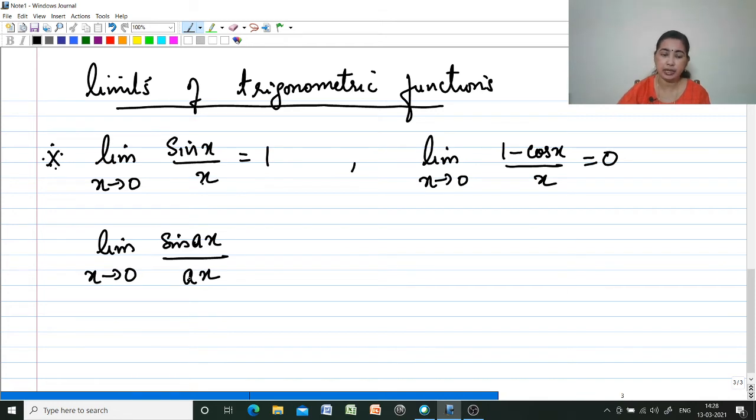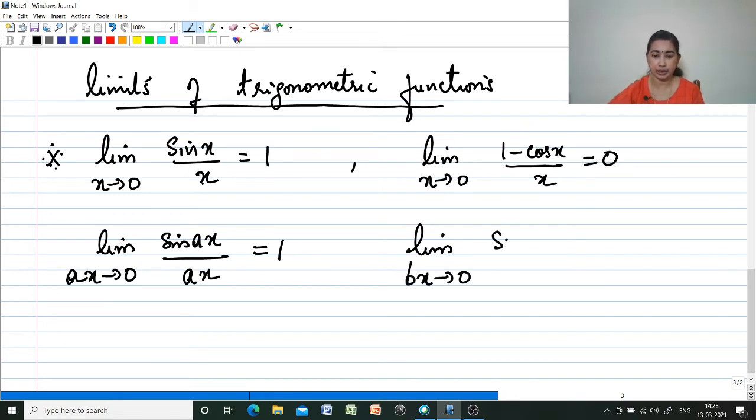If it is sin ax by ax, then limit ax tends to 0, only then it is equal to 1. Whatever is the coefficient of x, the same thing should come in the denominator, and that should tend to 0. Same way, limit bx tends to 0, sin bx divided by bx, that also is equal to 1.